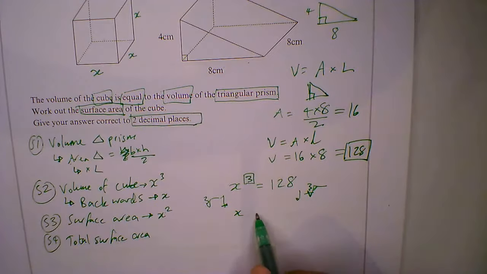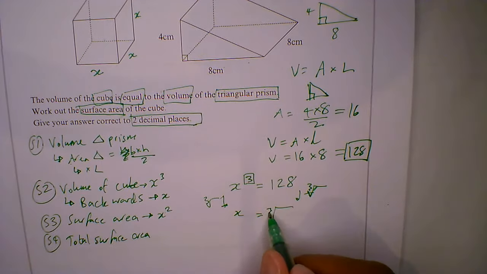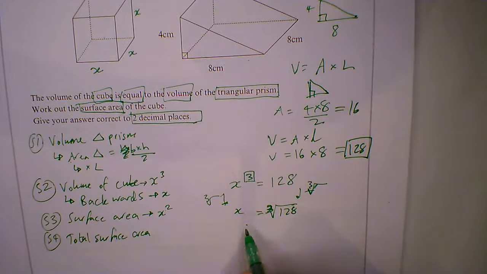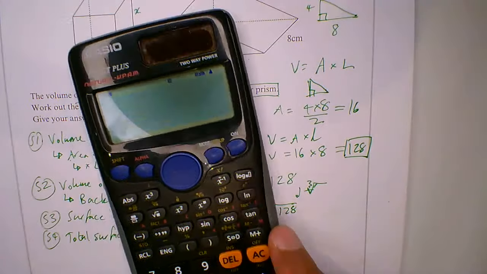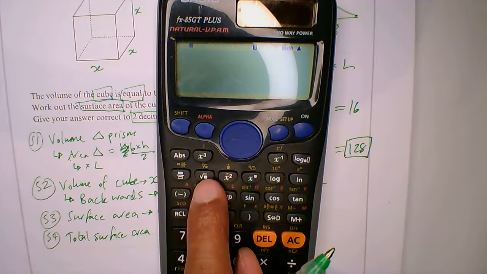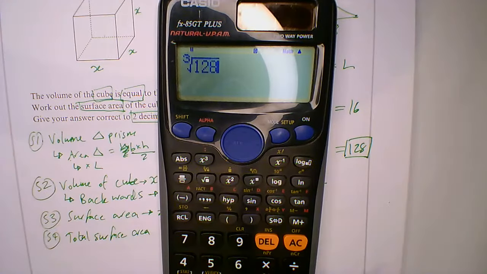So that will give me x equals, what's the cube root of 128? So looking at my calculator, it's above this square root. It could be different for your calculator, so you need to know how your calculator works. Cube root 128.